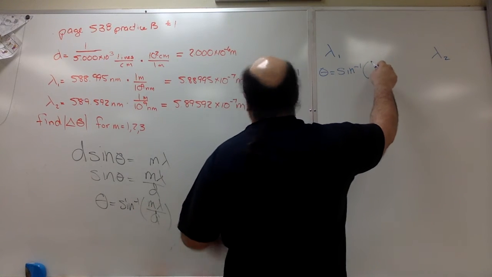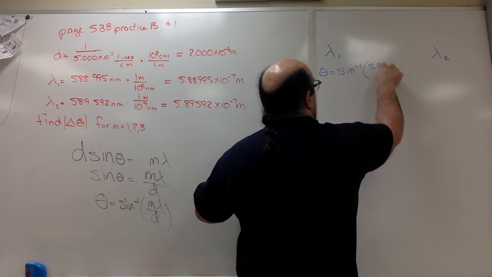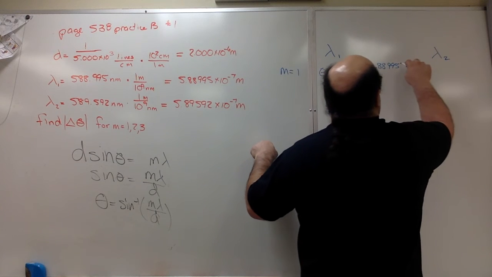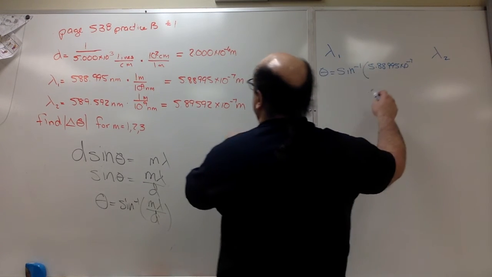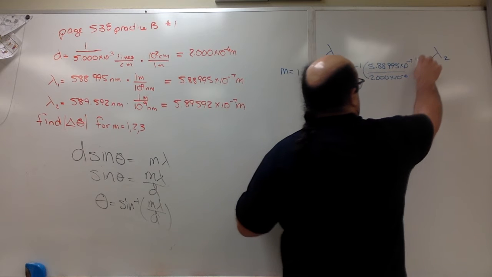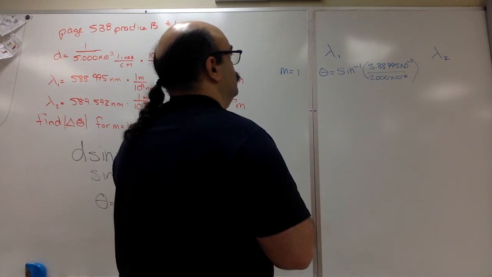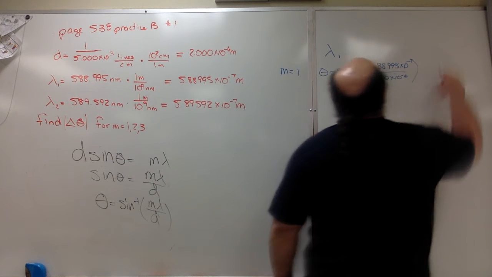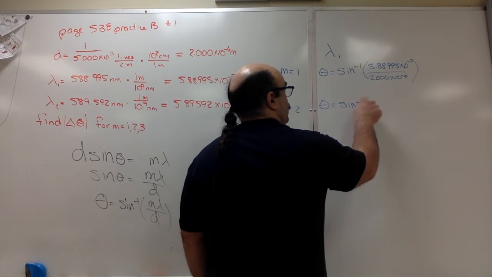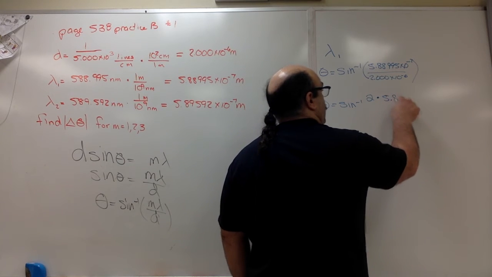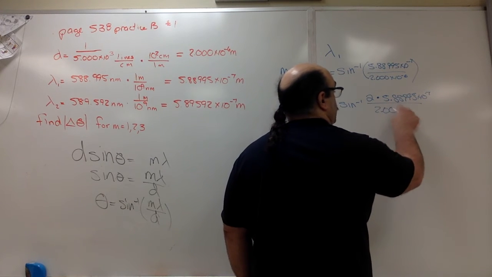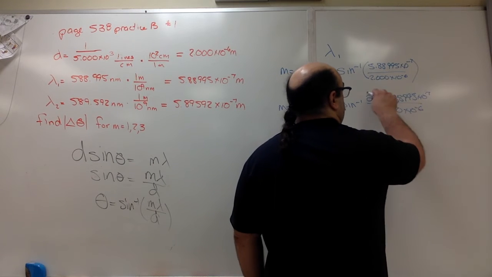M is 1, so I'm going to drop that, and this is going to be 5.88995 times 10 to the negative 7 divided by 2.000 times 10 to the negative 6. For m equals 2, theta will simply be sine negative 1 of 2 times 5.88995 times 10 to the negative 7, all over 2.000 times 10 to the negative 6.